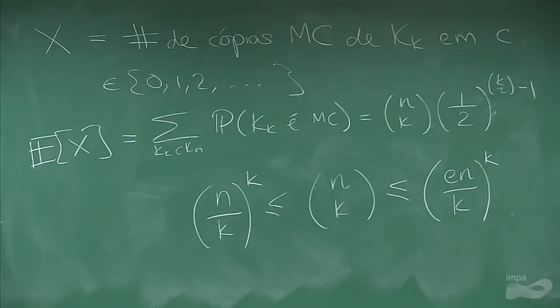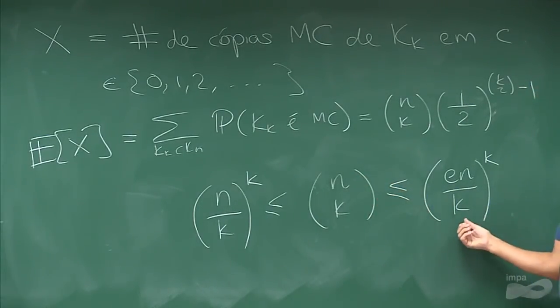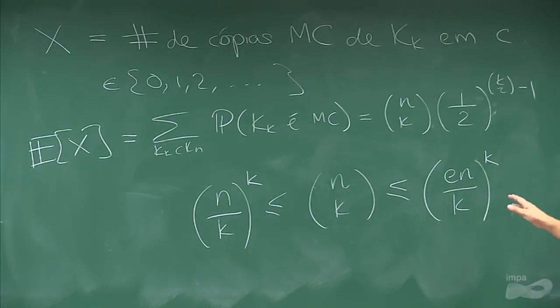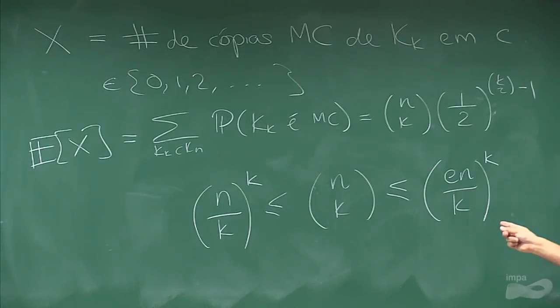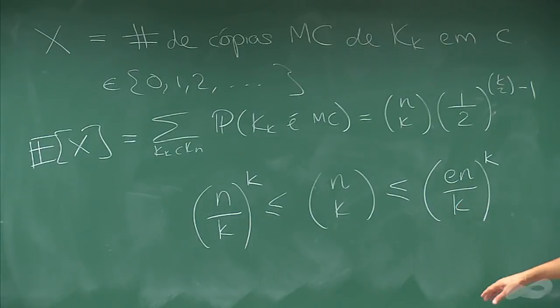This holds always, and when k is much smaller than n, this is normally a good estimate. If you don't know these estimates, I would write them down, go home, prove them for yourself, remember them. They're useful. You'll need them a lot, in this course at least, if not in life.